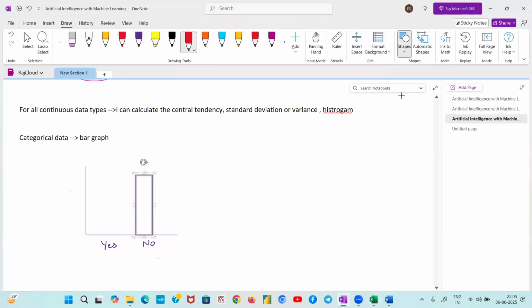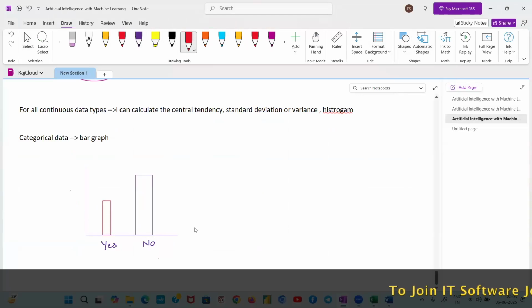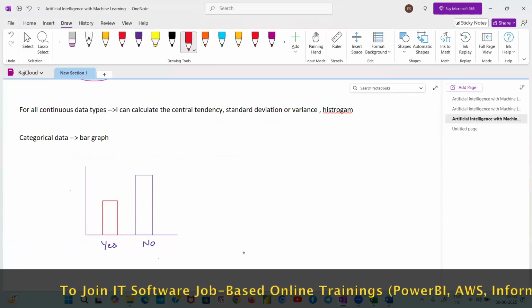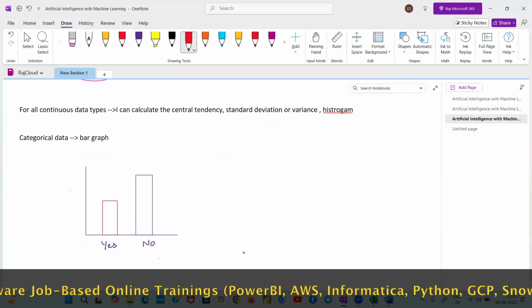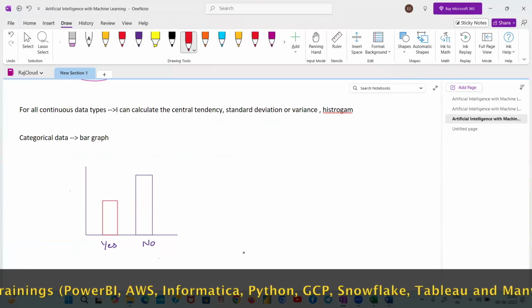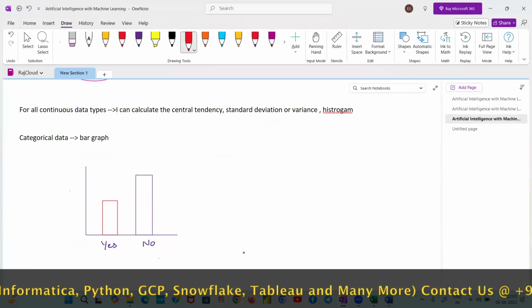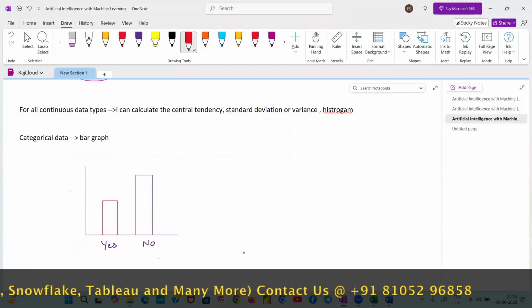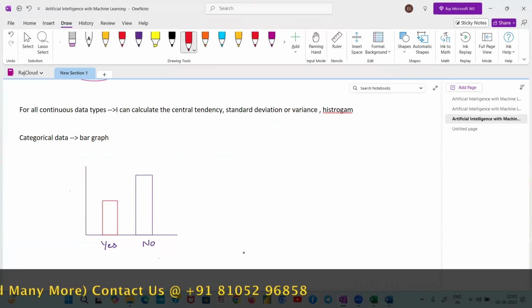Diabetic patients are actually fewer. Earlier we were not aware of it, but after considering the bar graph, I can come to know about it. Is everyone clear on what I said? So this is what is called a bar graph.